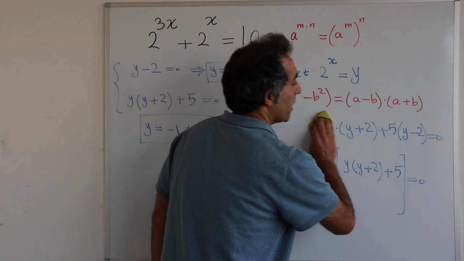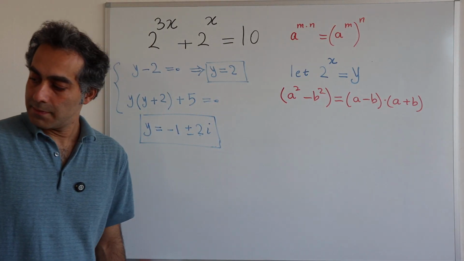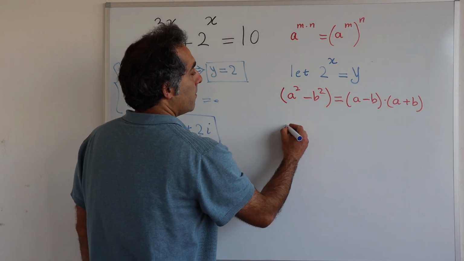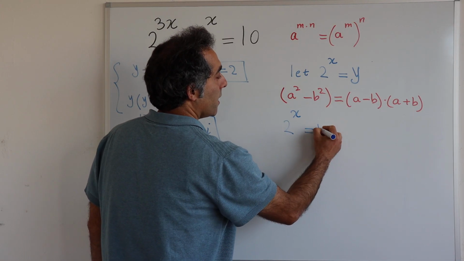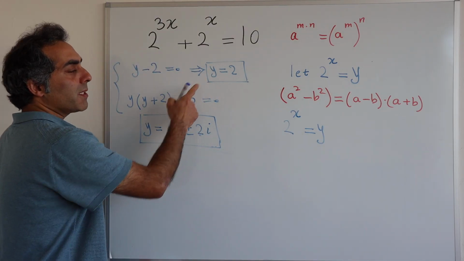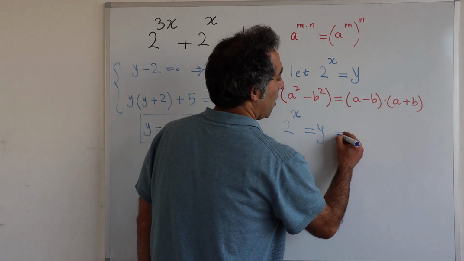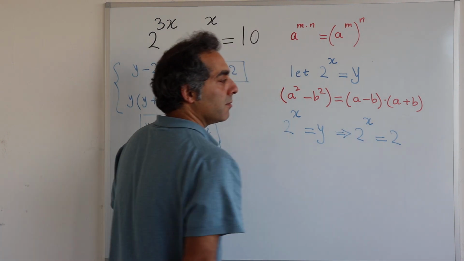I erase here again. Okay. 2 to the power of x is y. For the first answer, you have 2. So 2 to the power of x is 2.